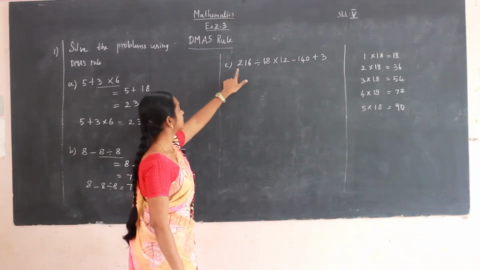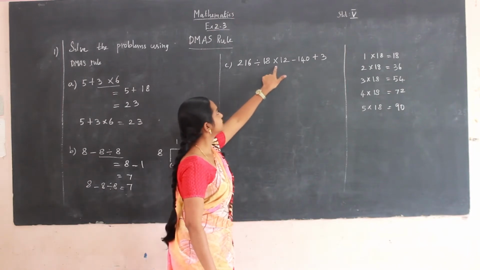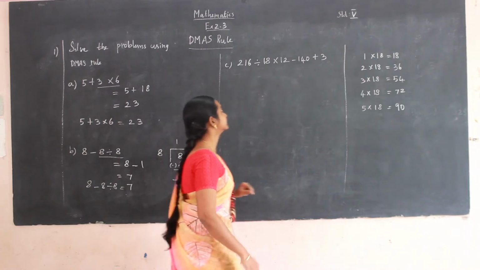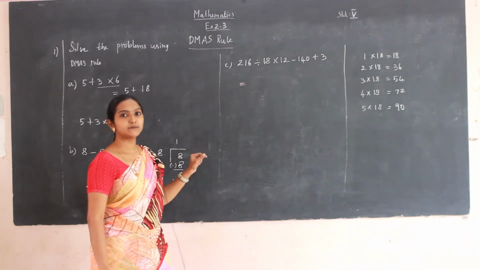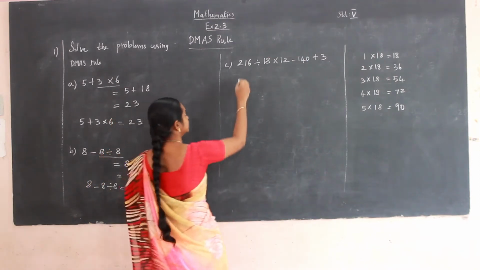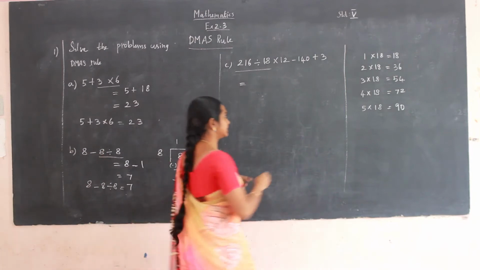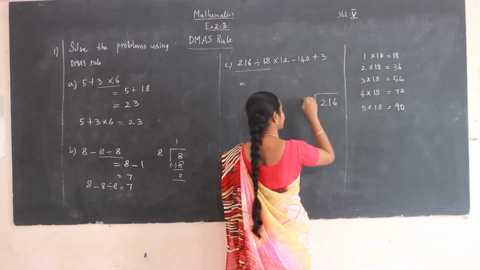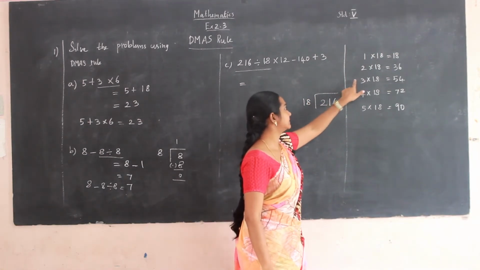Next one is 216 divided by 18 into 12 minus 140 plus 3. What we have to do first? We have to divide the numbers first. We have to divide 216 and 18. I have written 18 table here.